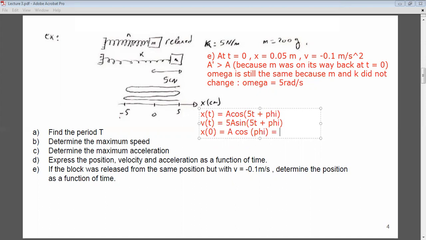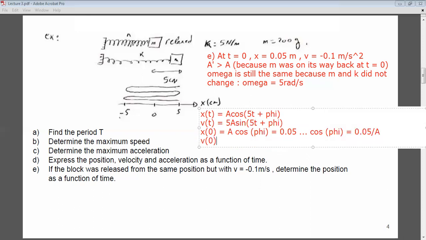This is equal to 0.05, which implies cosine phi is equal to 0.05 over A. Okay, and v of 0 is equal to minus 5A sine phi.